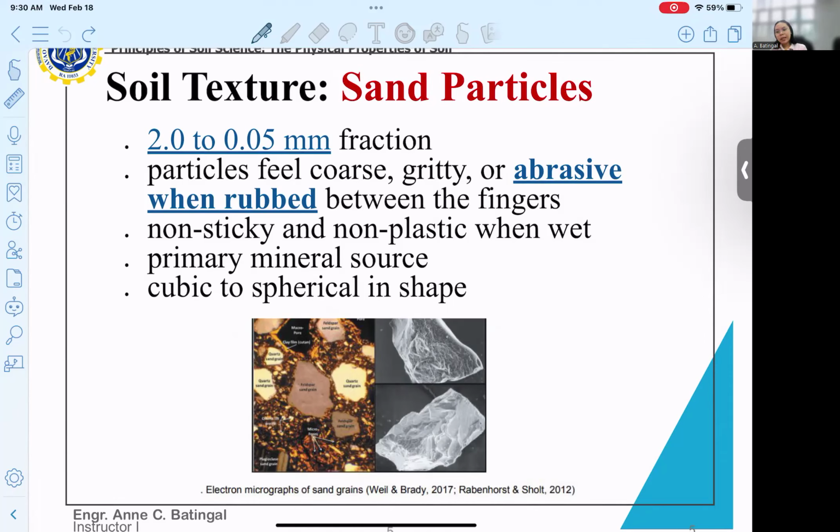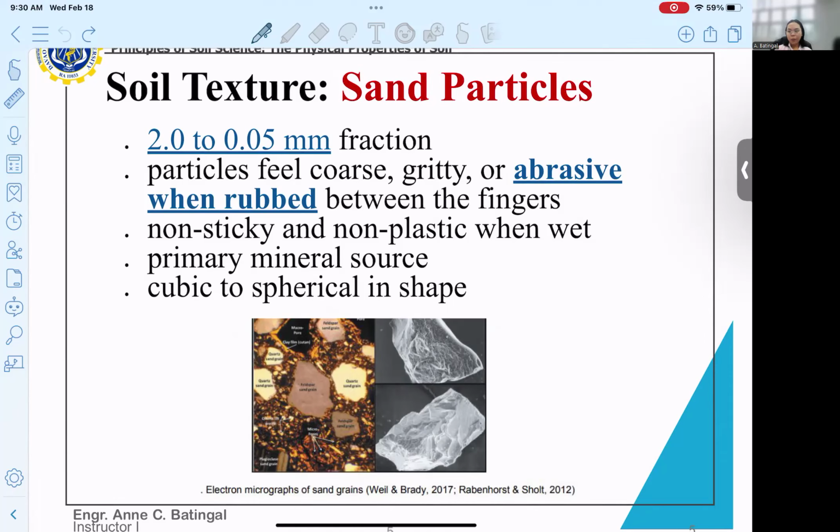Now, the non-sticky and non-plastic behavior of your sand particles is brought about by its low porosity, low water holding capacity, and low nutrient holding capacity. Why low water holding capacity? Let's say, for example, in your soil, di ba, sa dagat, pag makakita ka og mga sand particles, dali man siya mahunog. It cannot hold that much water.